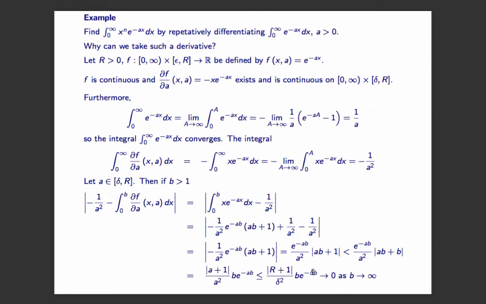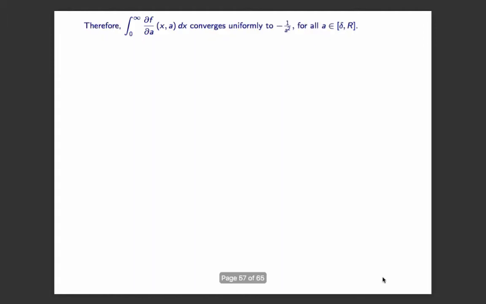Because a is coming from a closed interval and is bounded above and below, right? I can do that. So now I have a bound that is completely independent of a, and it goes to 0 as b goes to infinity. So the integral converges uniformly to -1 over a squared, right?